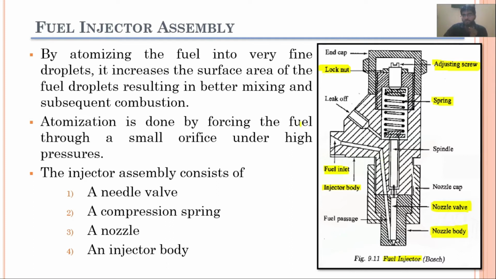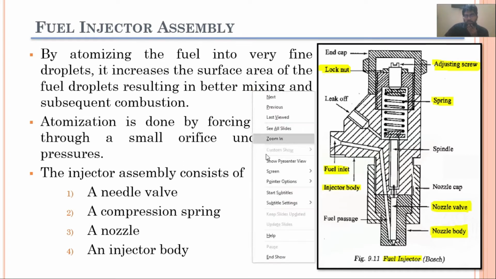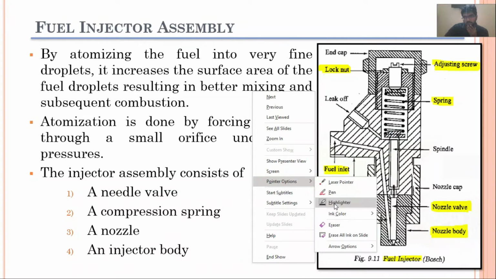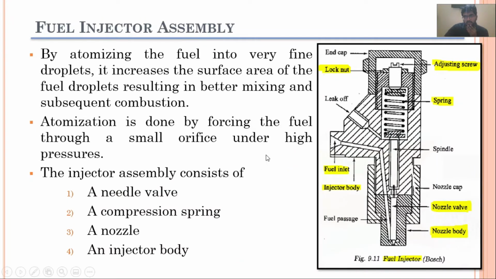Okay, now I will explain what will happen here, how these nozzle injectors work. Here you can see that we have the fuel inlet passage. The fuel will enter from this inlet passage, go through these fuel inlet lines and then into this section here.